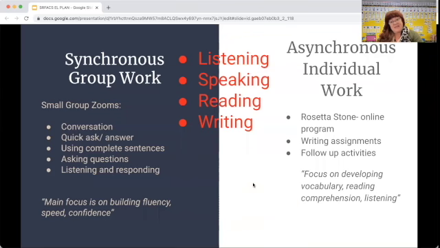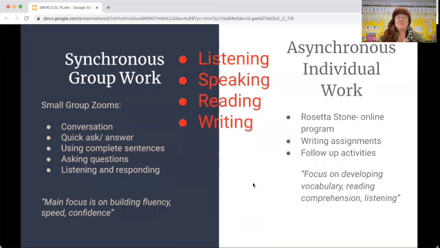Then we have the asynchronous meetings, which means the students work on it at their own time. This is when they might be working on an independent activity. They might be using an online program. They might be doing follow-up activities. A lot of the written work that we do happens independently.